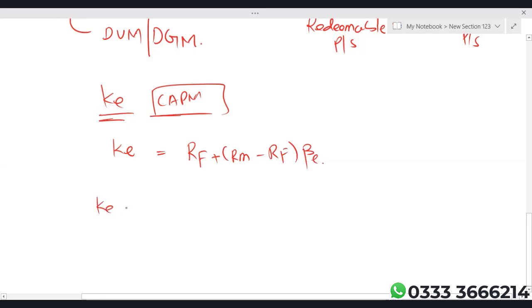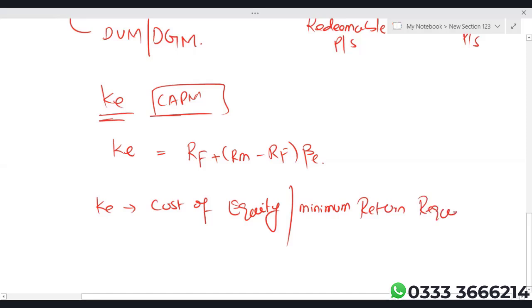KE is the cost of equity. Another name is the minimum return required by the shareholders, required by the equity holder.